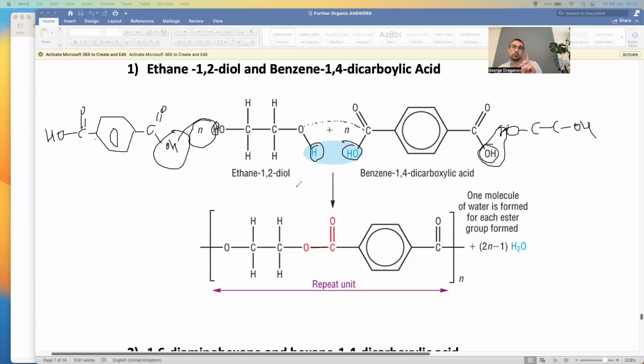So when n is equal to 2, because there's 2 of each, notice that you get 1, 2, 3 waters out. And if you plug 2 into here, 2 times 2 is 4, minus 1 is 3. So that's how it comes about. But again, you don't need to get bogged down on it. There's a lot of new information, but this is the part that will form the ester.